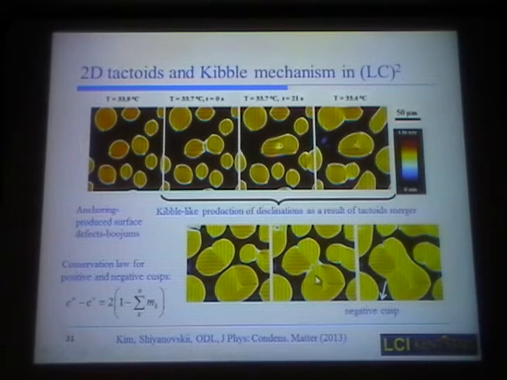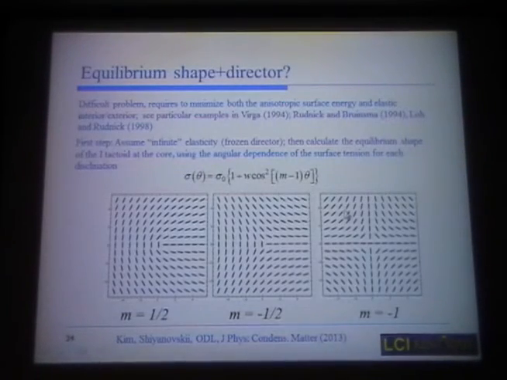So the configurations might be very complex, so to describe them you need a more or less generalized approach that doesn't care about little details, but gives you the number of potential defects as a function of how many cusps you have at the surface of this tactoid, and things like that. I'm not going to tell you about all the details here, but an experiment like this poses a very interesting question.